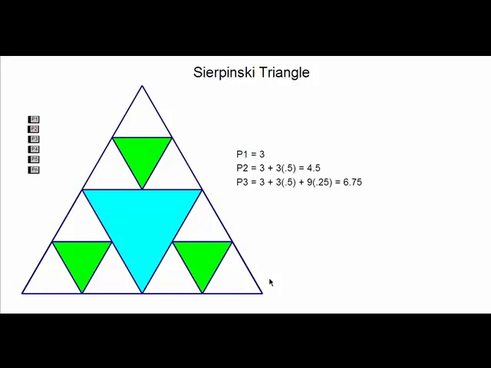Now for piece 3, we take the midpoints of where our original equilateral triangle is represented in white, and now we get 3 green equilateral triangles, which are half the size of our cyan triangle.